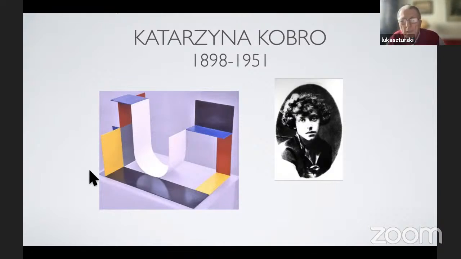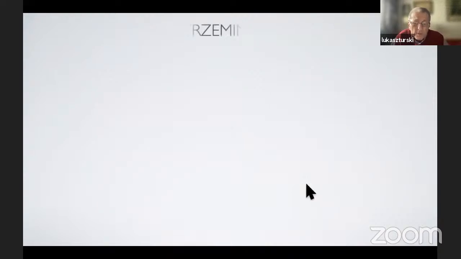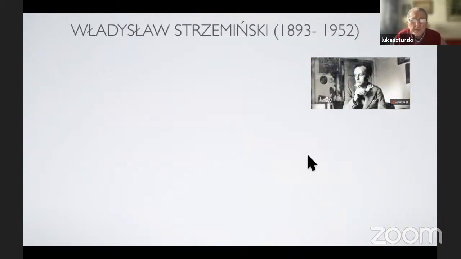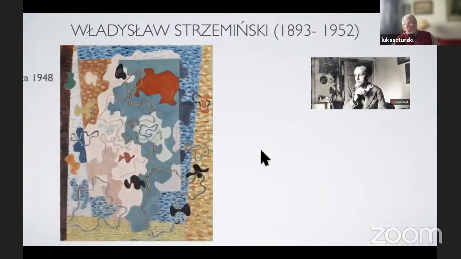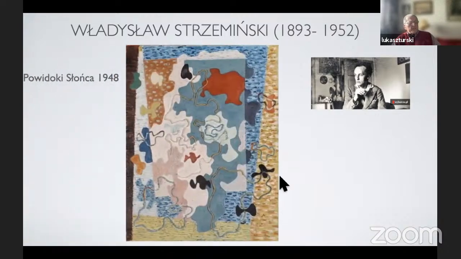But Kobro and Strzemiński were there. This is Władysław Strzemiński. And Strzemiński had invented his own theory. Many artists like to not only make pictures, but also make a theory about it. And that was a theory of afterimages, the powidoki. And this is a picture of Władysław Strzemiński from after the war.